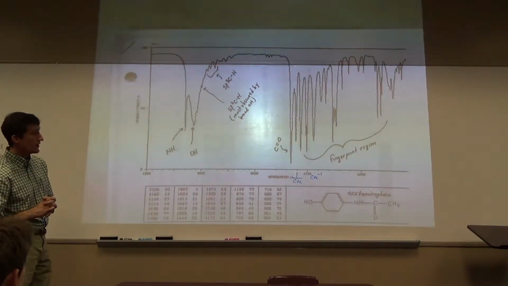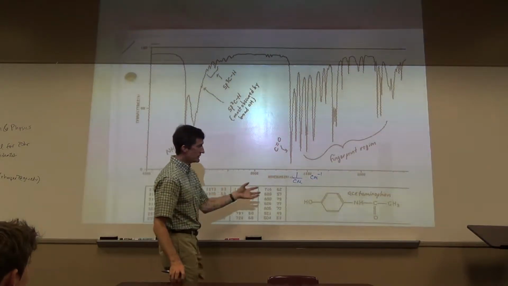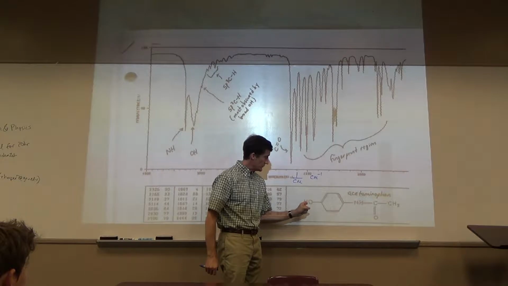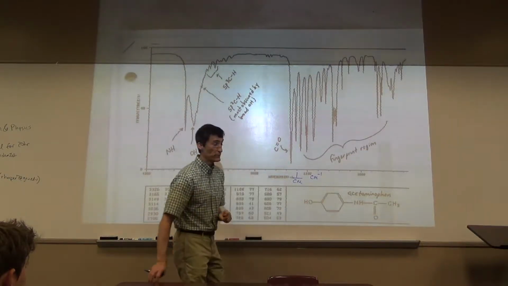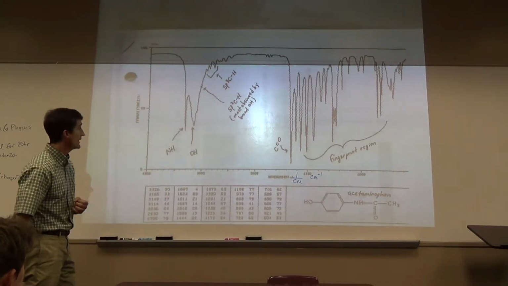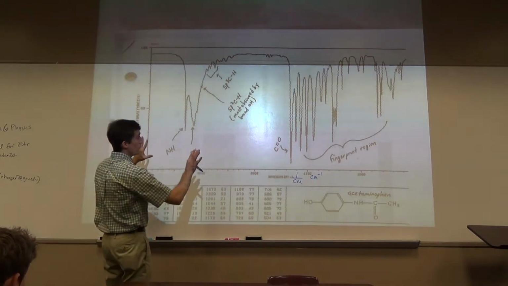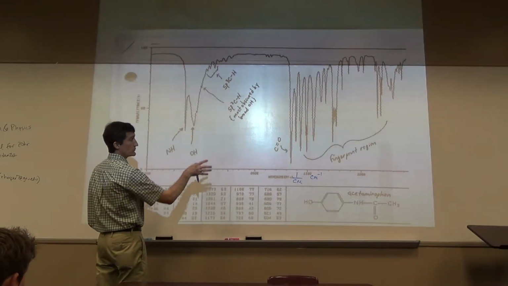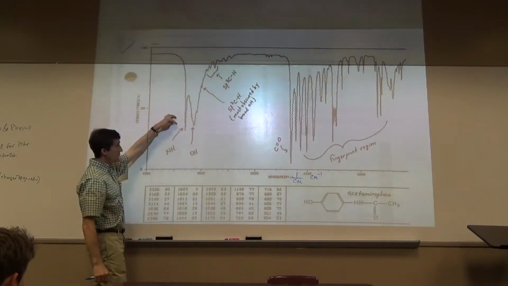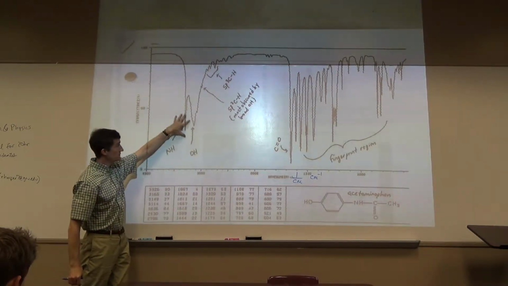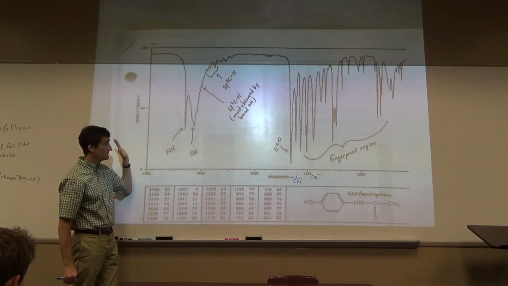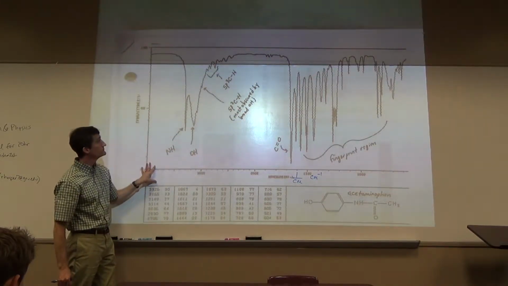Now, in IR, we will learn that each functional group gives peaks, and really each bond. What you're really seeing is the bond absorbing the IR light. We also know from experience what type of bonds absorb where. We know that an NH and an OH absorb in this region, to the left, at higher wave number.